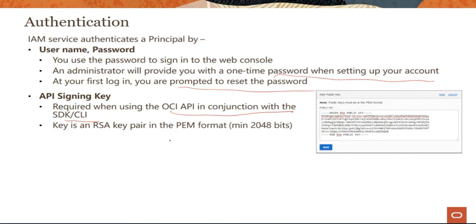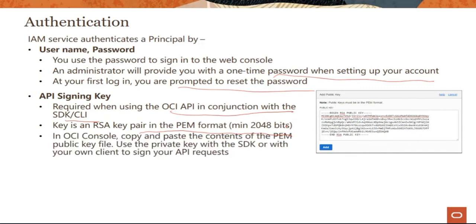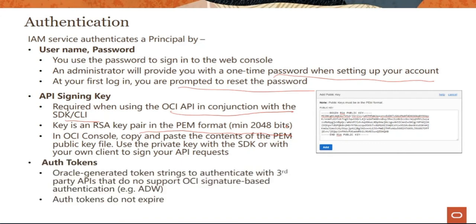As you can see here, the key is an RSA key pair in PEM format, and there are some restrictions on the length, etc. In the OCI console, you copy and paste the contents of the public key file, and the private key file you keep with the SDK or your own client to sign your API requests. Again, very similar to how some other web services operate.